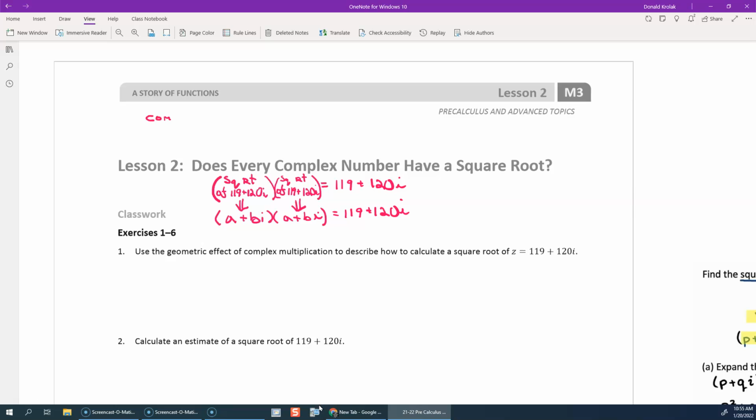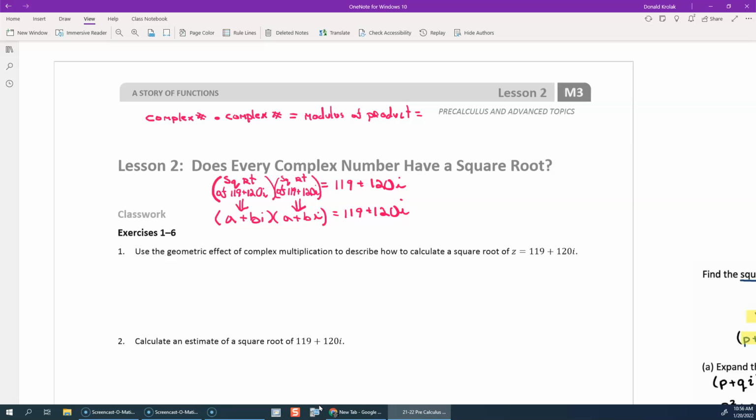If you take a complex number and you multiply it by another complex number, the modulus of this product is equal to the modulus of each one of these multiplied together.